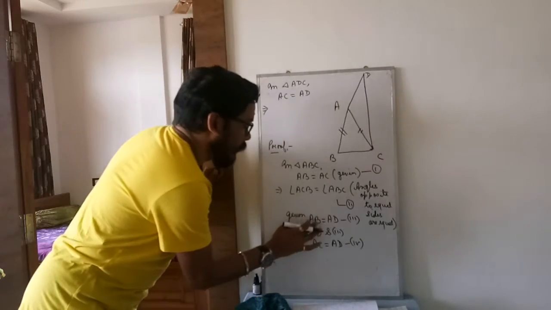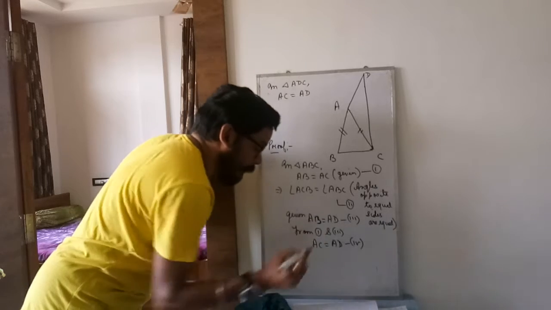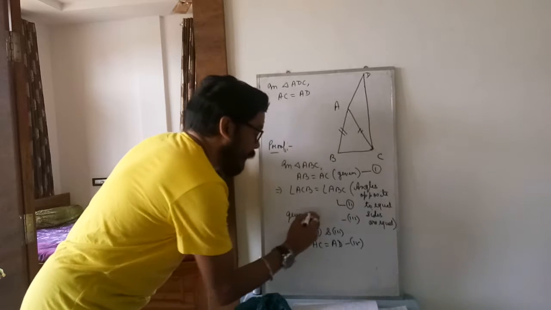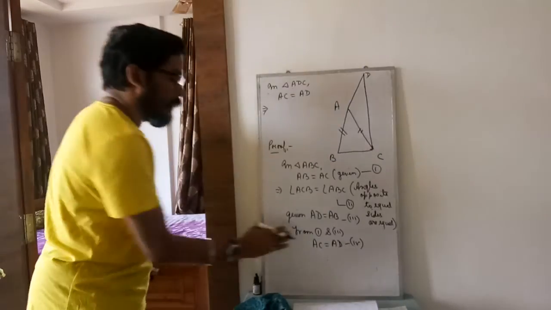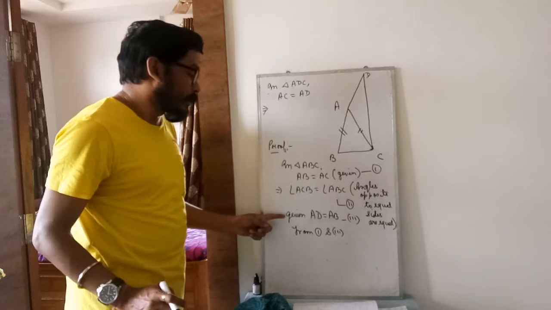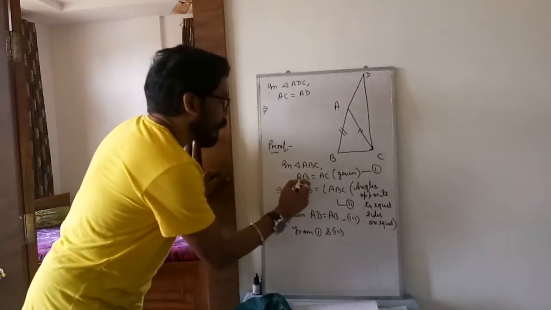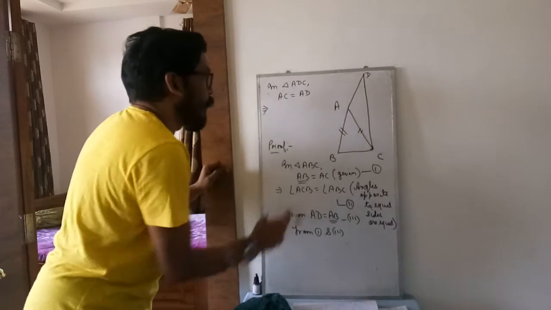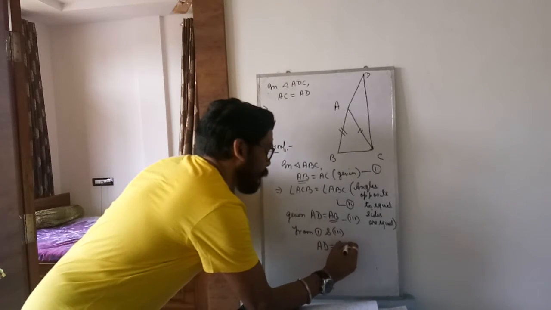Let me write it the way it is given in the question: AD equal to AB. So if you compare equation 1 and equation 3, AB was equal to AC and AD equal to AB. So here also AB, here also AB. So you can write easily AD equal to AC.